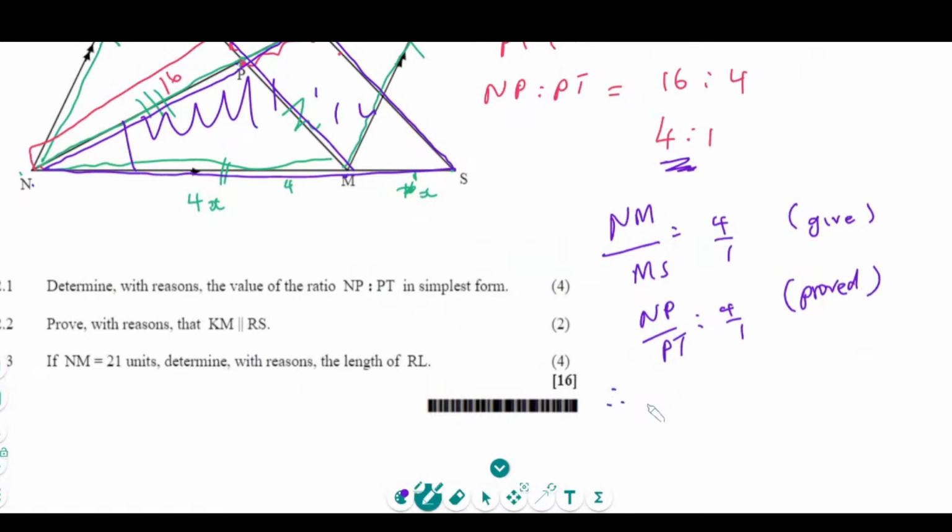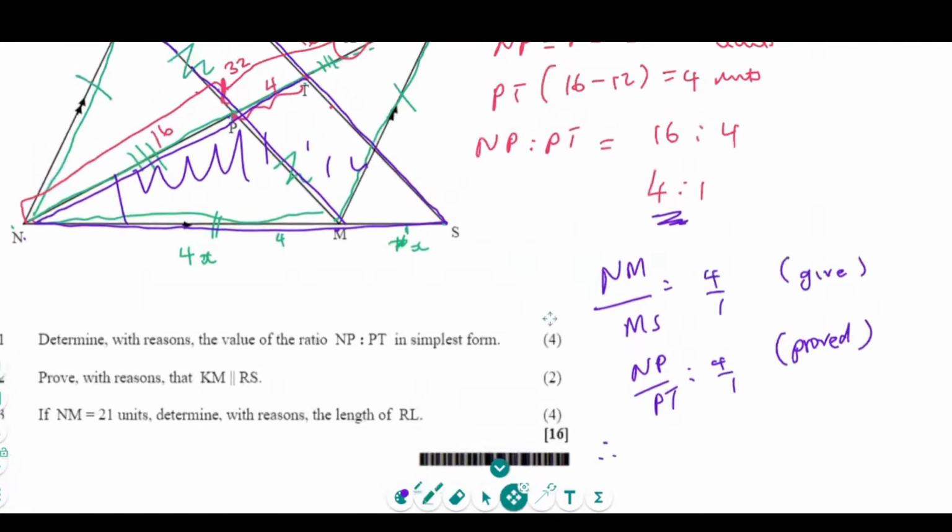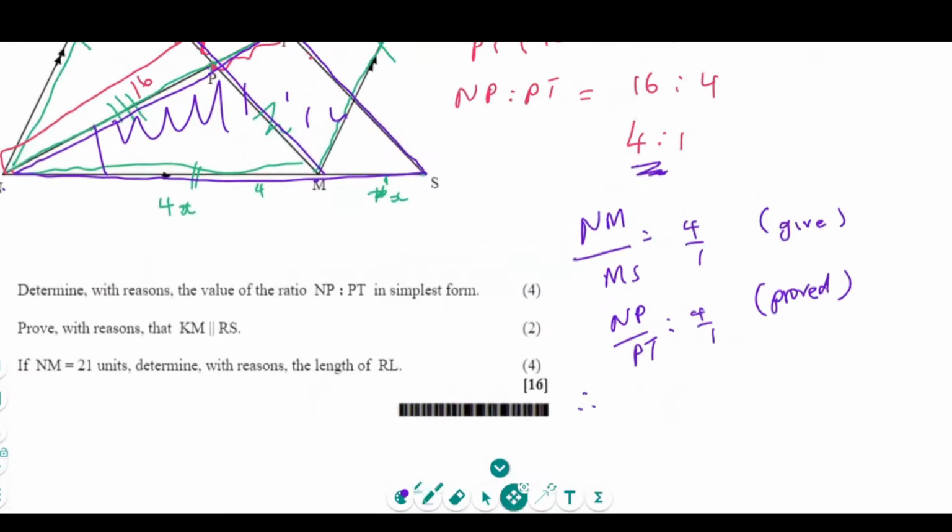Therefore, or hence, for as long as we've proved that, then we can say that KM is parallel to RS, and then that is the converse of the proportionality theorem. For as long as the ratios are the same, then those lines will be parallel.